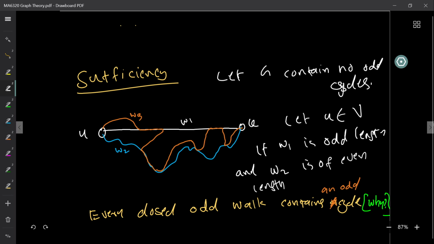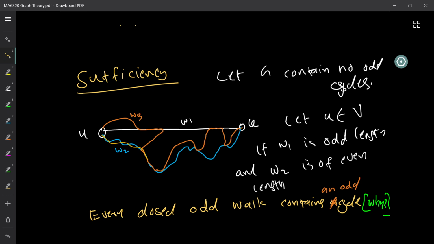Okay, so I start from U, take W1 to reach the vertex V, then I take W2 and go back to U. Now, what is this walk?